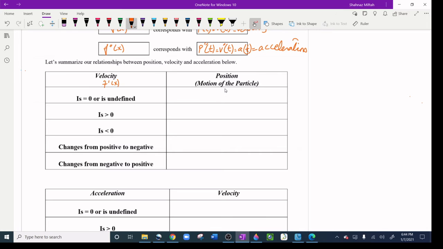If velocity is 0 or undefined, then we're going to say potential change in direction of the moving object.